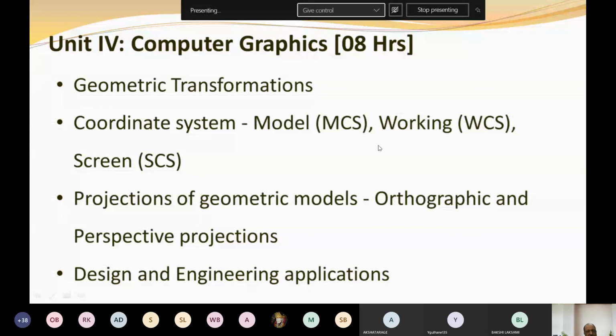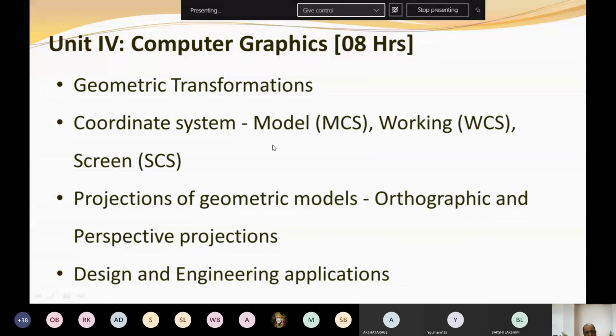Now, once we define a working coordinate system, what is the model coordinate system? Whenever we want to create a model, and it is a 3D model, in that case we cannot always work with the working coordinate system.